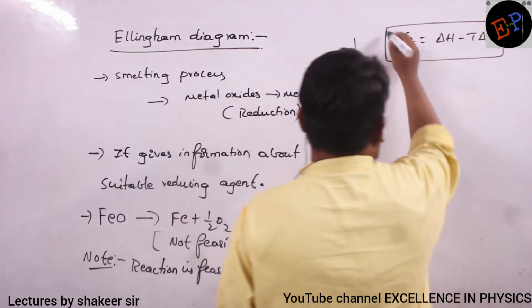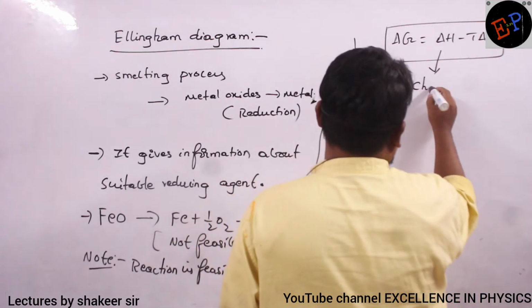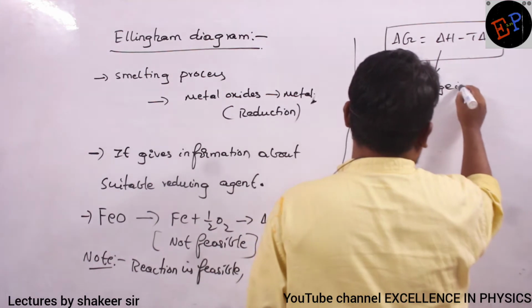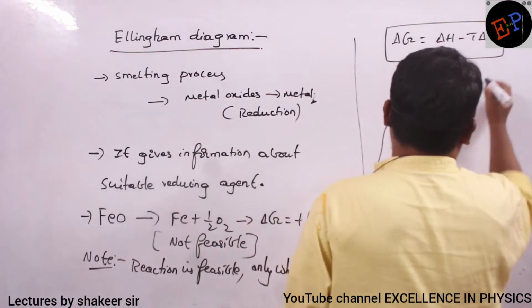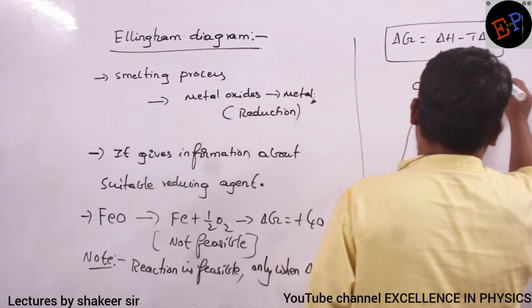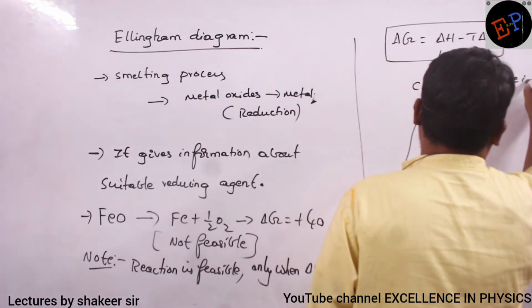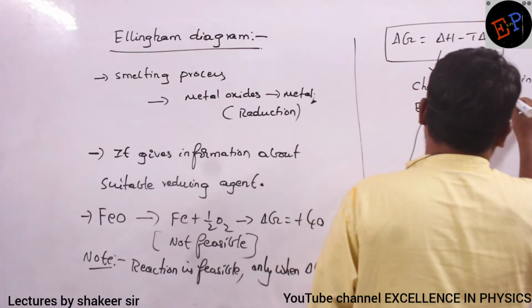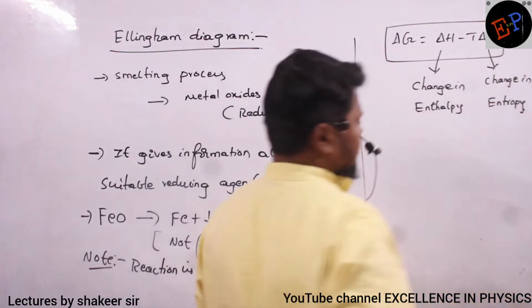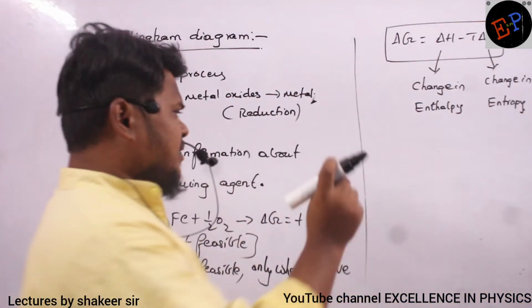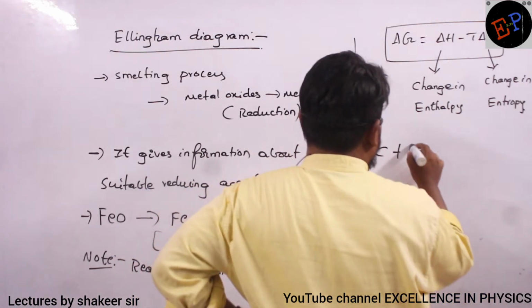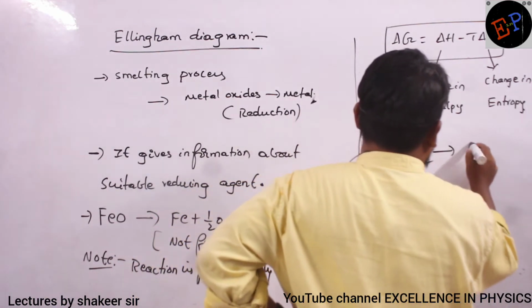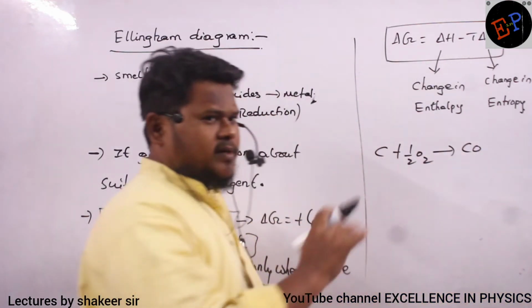Where delta H represents a change in enthalpy and delta S value represents a change in entropy. This is what we have studied previously. Similarly, if I take one more reaction, for example, carbon plus half O2, which converts into carbon monoxide, this is a reaction.